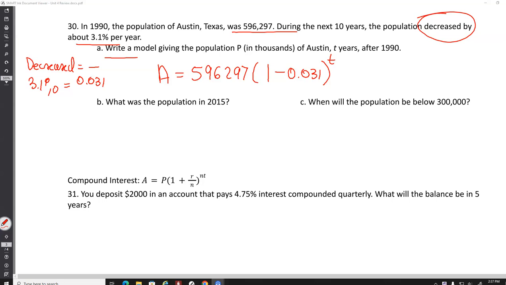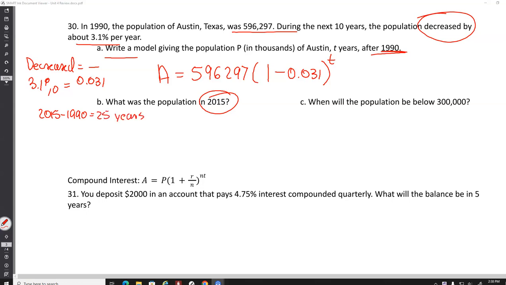Now, for B, it says what was the population in 2015? Okay, so again, in 2015, you need to go from 1990 to 2015. So that's 2015 minus 1990, which is 25 years.